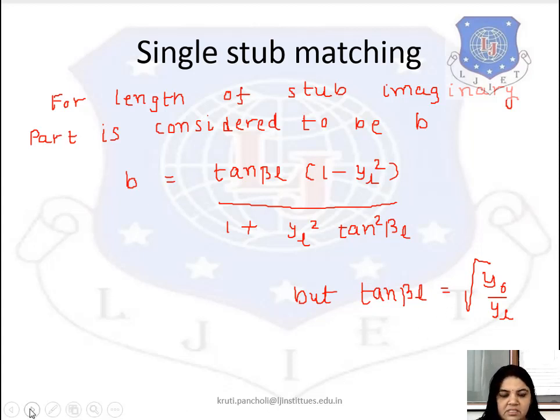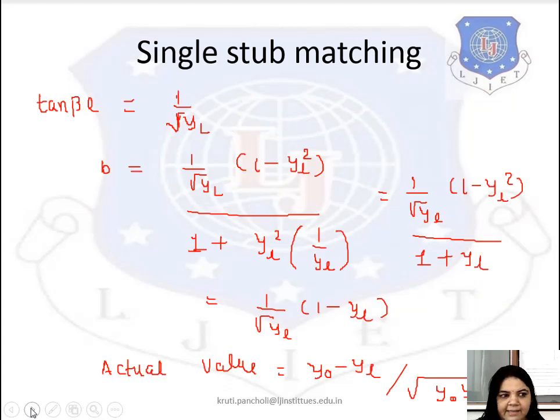For getting the normalized value, I am putting Y0 equal to 1. Later we will put Y0 instead of the 1. For the normalized value, every time the 1 can be considered as Y0. So tan βL is equal to 1/√YL.